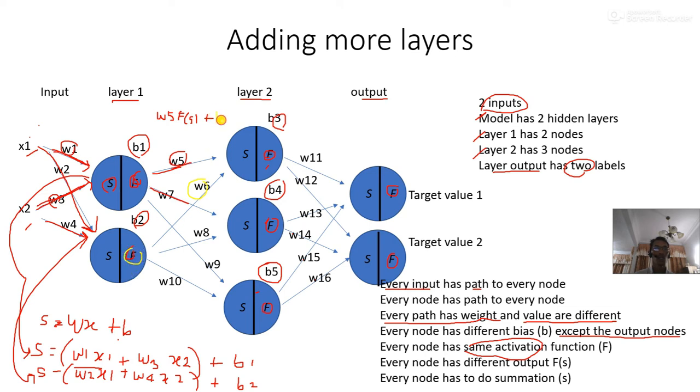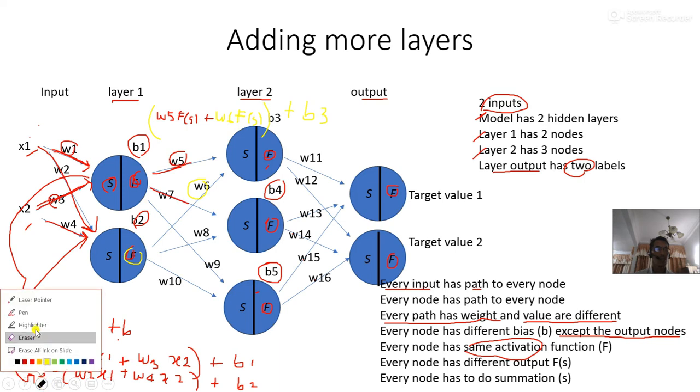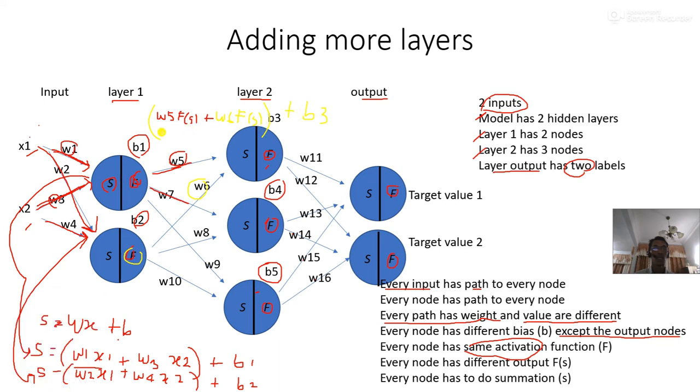You have w5 times f(s) plus w6 times f(s), plus b3. This is b3. So basically this one is w5 f(s) plus w6 f(s), plus b.